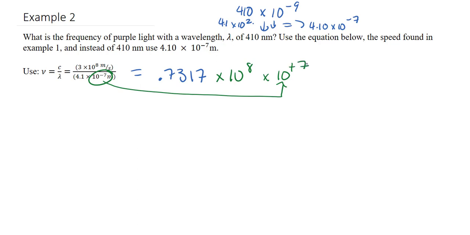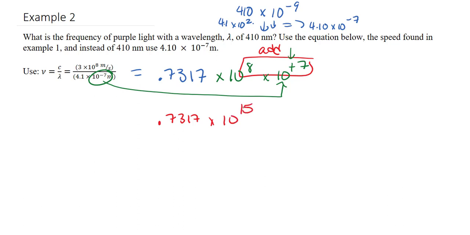Whatever we bring up to the numerator from the denominator changes sign in the exponent. So now let's keep solving. Now we have times 10 to the 8th, times 10 to the 7th, so we just add these exponents, and we have times 10 to the 15th power.